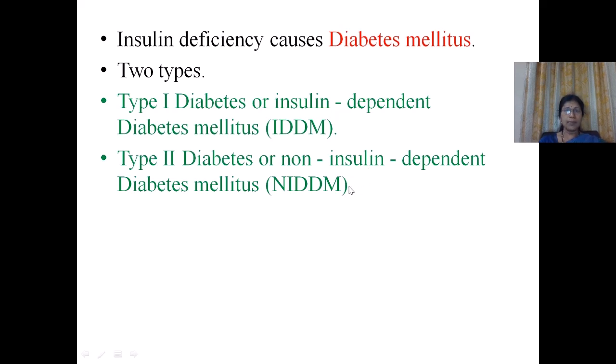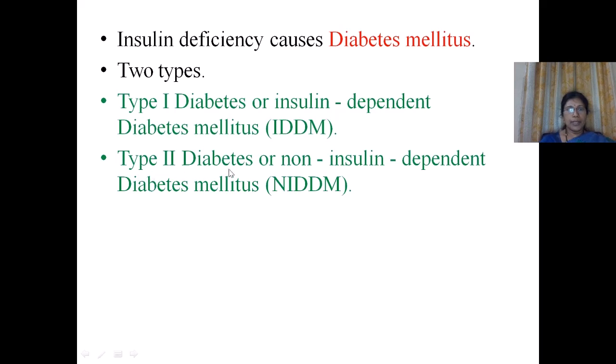So this type of diabetes does not occur due to the deficiency of insulin, but due to the absence of insulin receptors on target cells. So this type of diabetes cannot be treated by insulin injections.